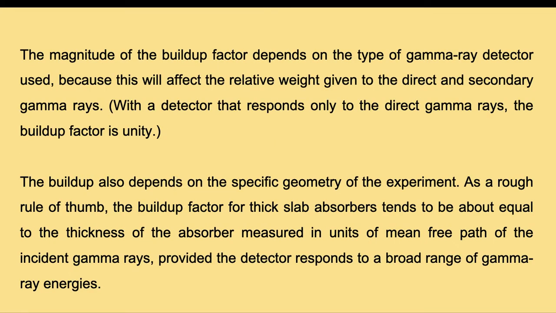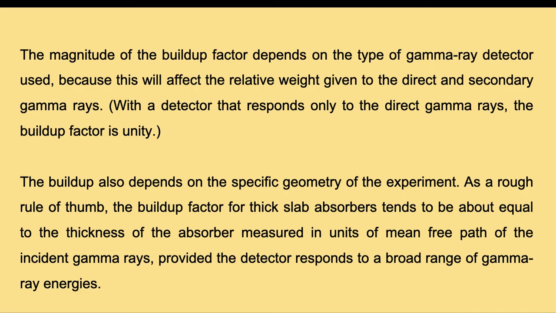The magnitude of the build-up factor depends on the type of gamma ray detector used because this will affect the relative weight given to the direct and secondary gamma rays. The build-up also depends on the specific geometry of the experiment.